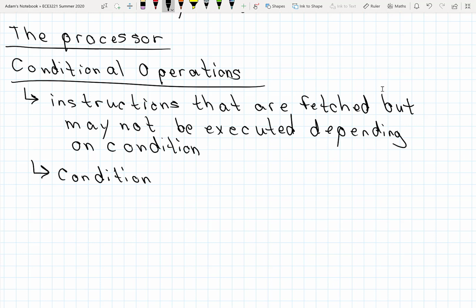We also have conditional branches that allow us to redirect the flow of our code.